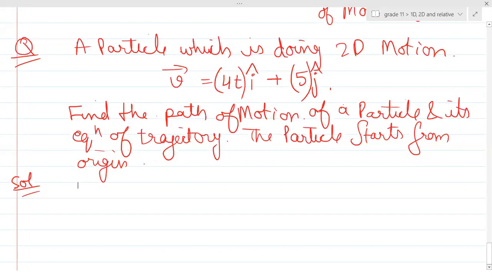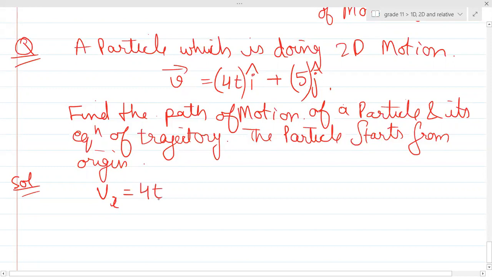Yes, anyone got the function? Tanish, tell me what is Vx equal to? So Vx is equal to V cos theta. That I know, but from the velocity vector which I have given in the question.